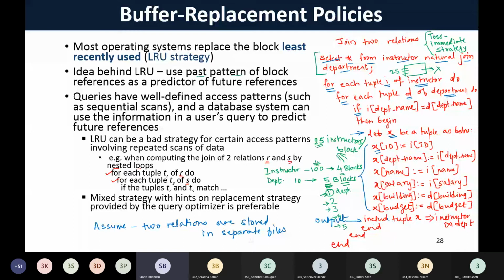Right? Thus, the most recently used department block will be the final block to be re-referenced, and the least recently used department block is the block that will be referenced next. So here also there is a contrast between the strategy used by the operating system and the strategy that needs to be implemented by the database management system.